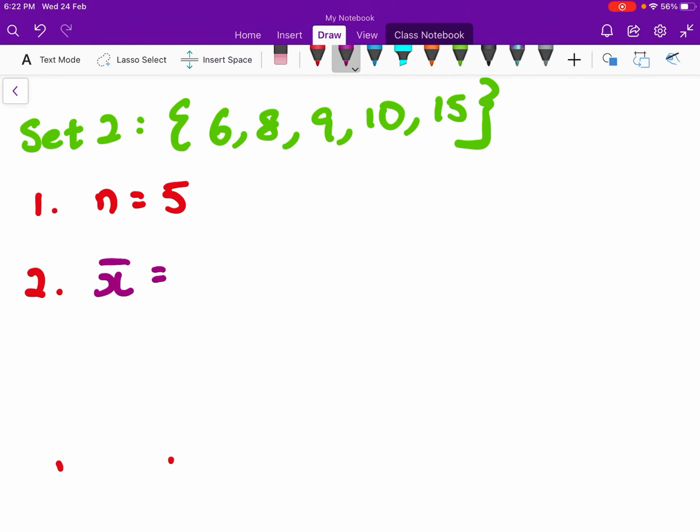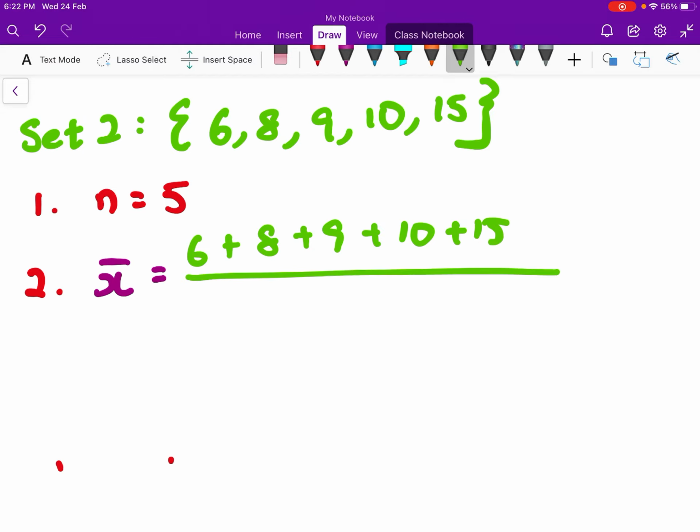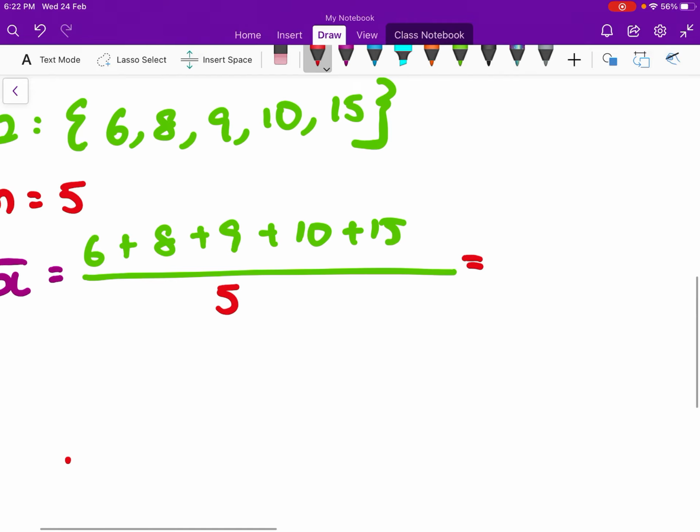You just add up 6 plus 8 plus 9 plus 10 plus 15, divided by the number of data, 5. You'll get about 9.6.